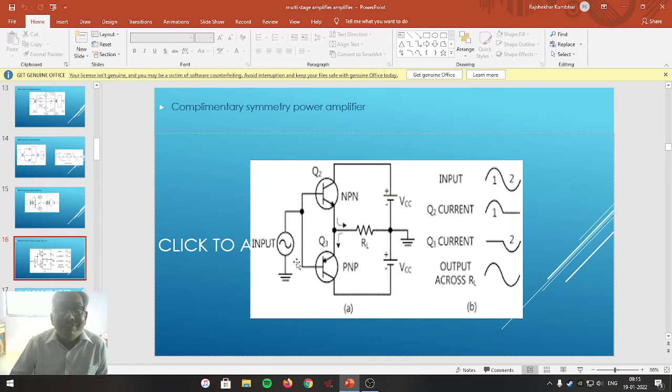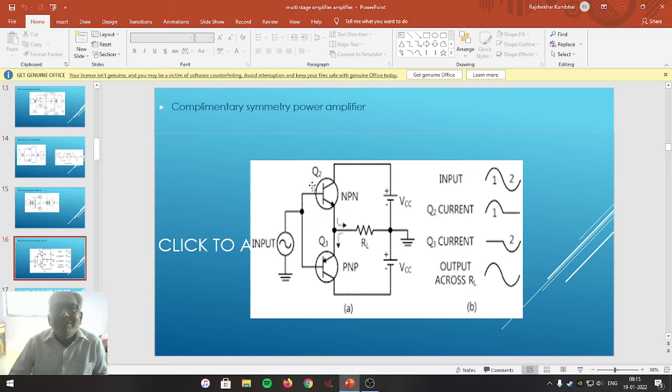To the base of both the transistors, the signal or the power level to be amplified is connected. Whereas between the emitter and the ground, the load resistance is connected. It may be a headphone, a speaker, or simply a resistor. Means we are applying the input to be amplified at the base of both the transistors, and we are obtaining the output across the emitter. Hence it is called a type of emitter follower circuit or voltage follower circuit.